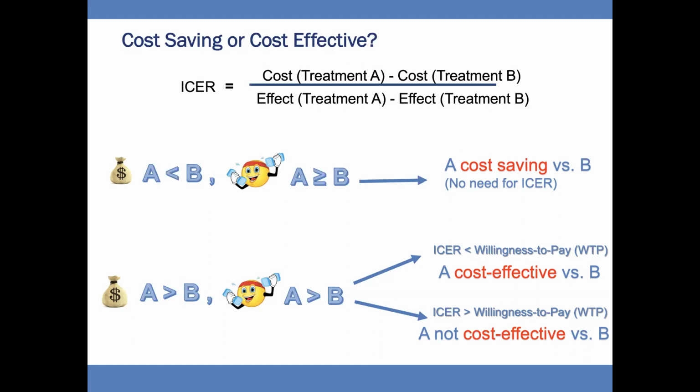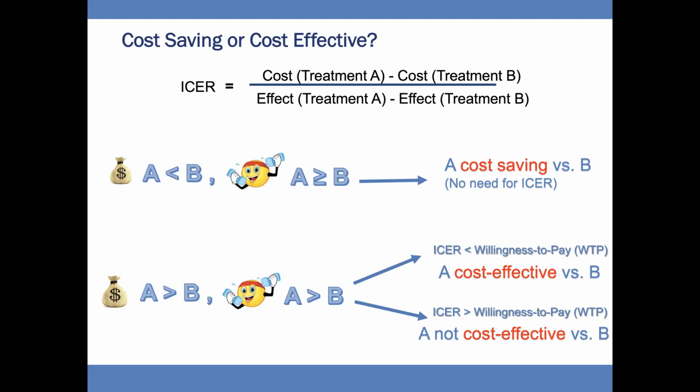Okay. So basically what it means is that we have a new technology, and we compare it with the old technology and estimate the ICER. And remember what the ICER is. In the previous slide, the ICER is just a price, right? The ICER is the price that you need to pay to get one more unit of outcome, right?